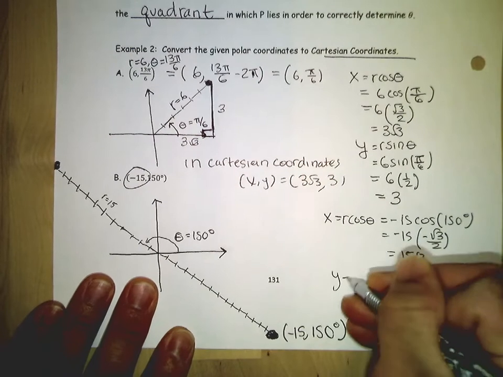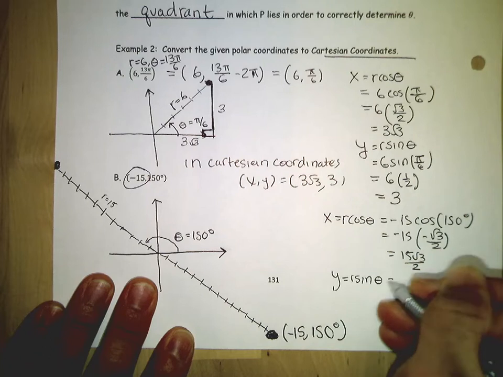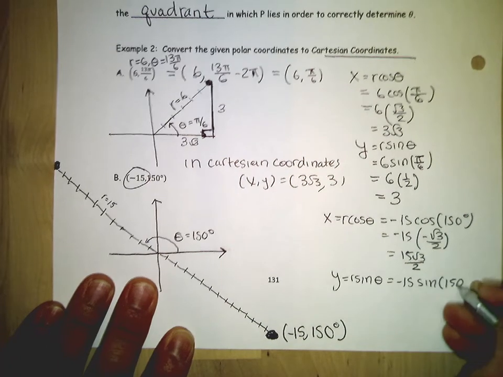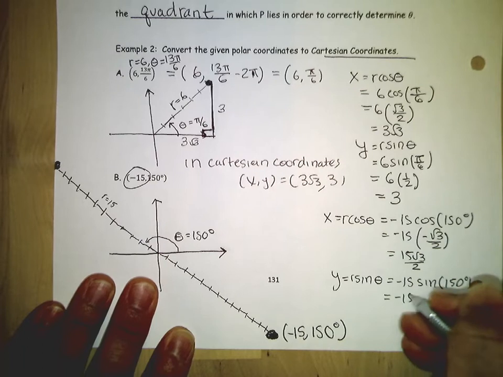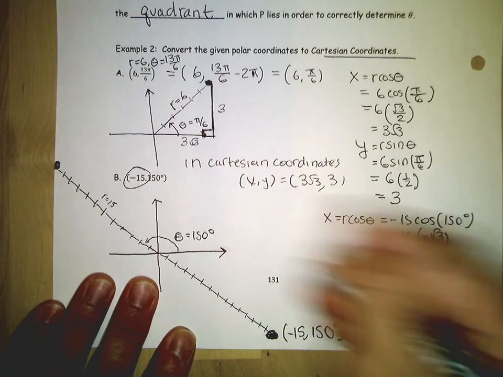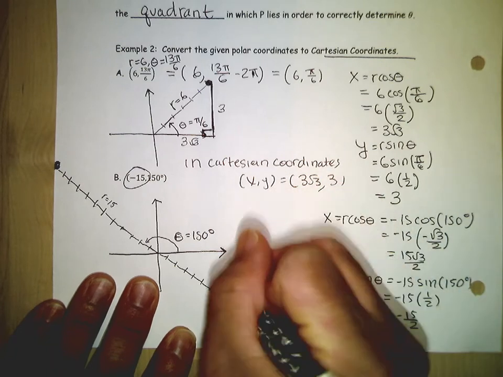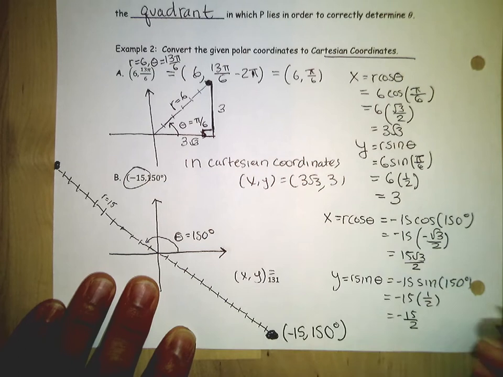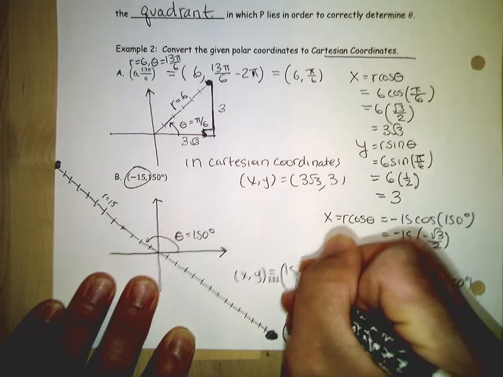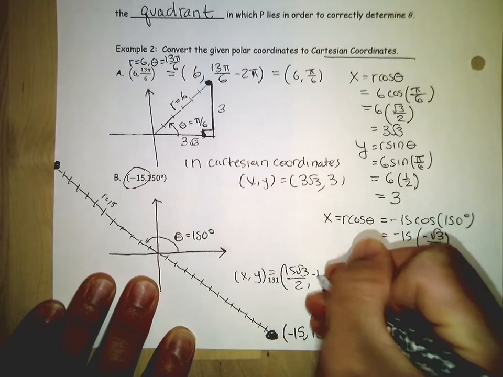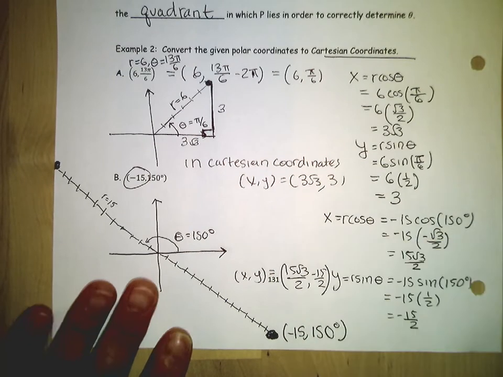And then y is r sine of theta, so that's negative 15 sine of 150 degrees, or negative 15 times a half, so negative 15 over 2. So in Cartesian coordinates, x, y is 15 root 3 over 2 and negative 15 over 2.